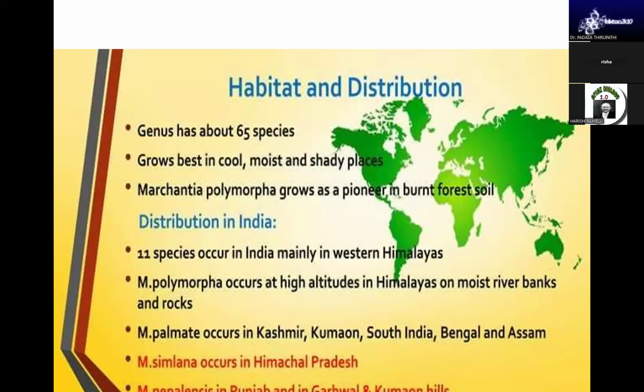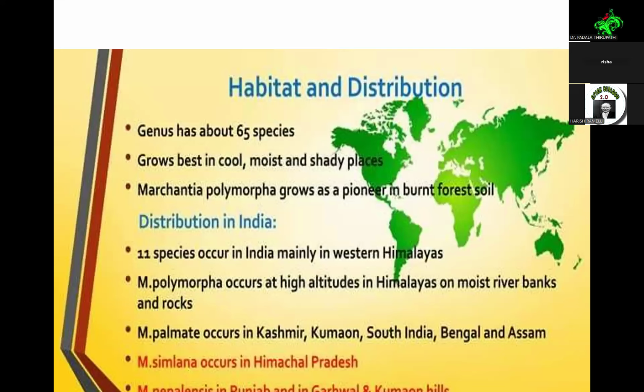One of the species, Marchantia polymorpha, grows as a pioneer in burnt forest soils. Pioneer means wherever forest burning takes place, all the plants are burnt, but the starting plant which can grow there when moisture is available is Marchantia polymorpha. So this is about the habitat.